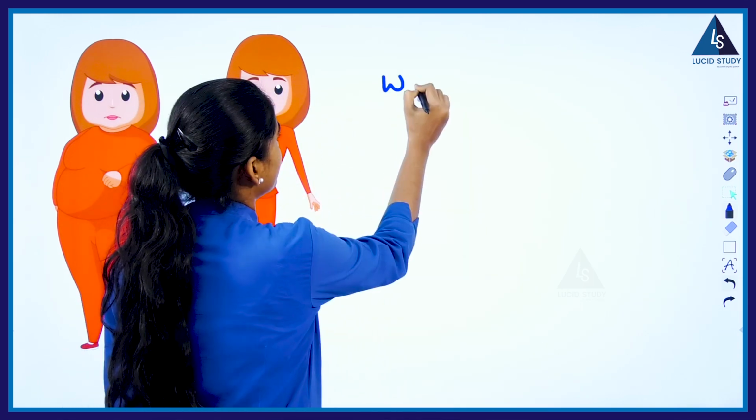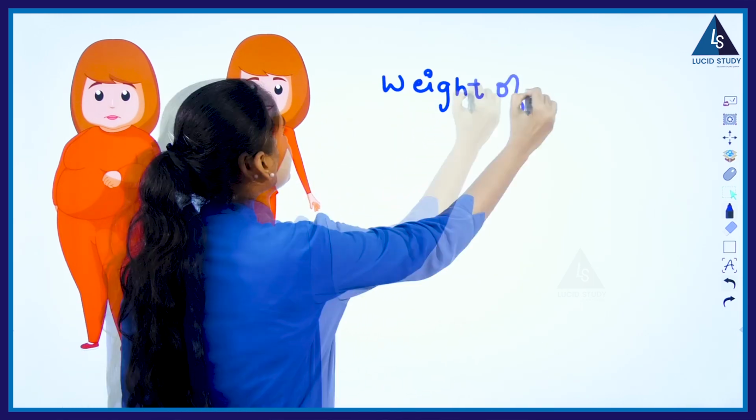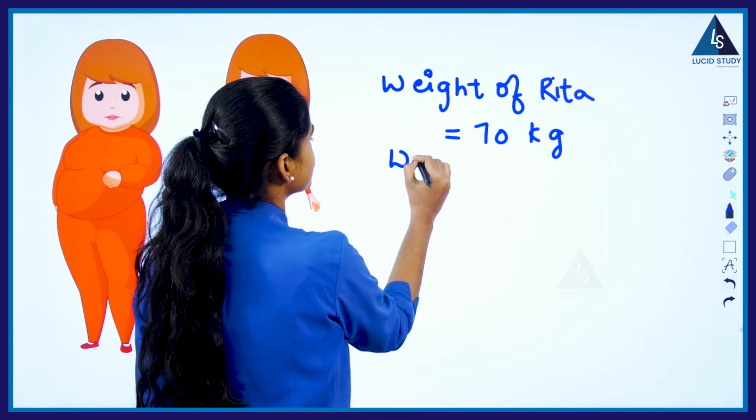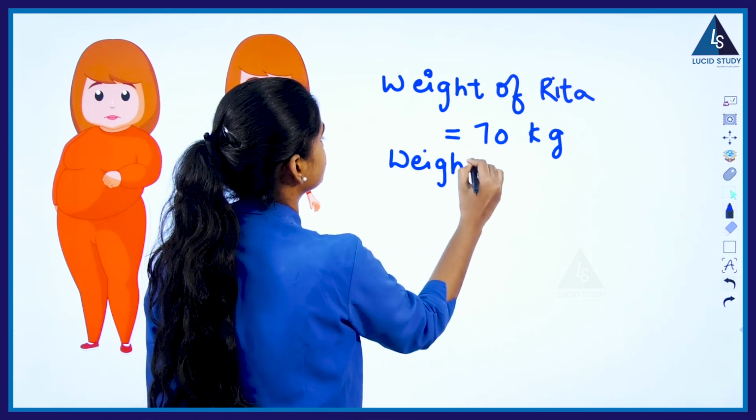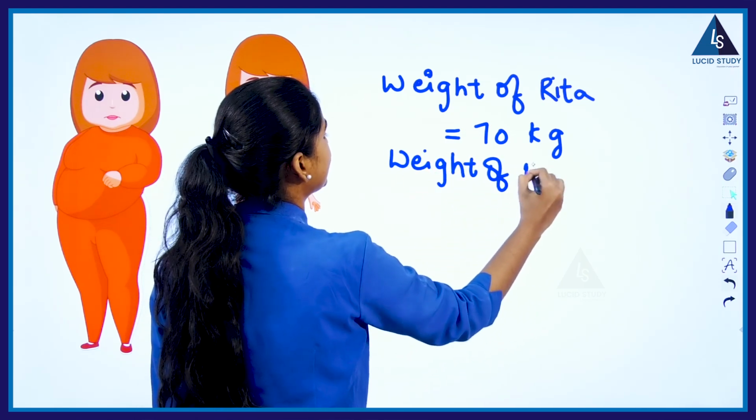Here is one more example. Weight of Rita is 70 kgs and weight of Preeta is 35 kgs. What is the ratio of Rita's weight to Preeta's weight? Let us write it first. Weight of Rita and weight of Preeta.